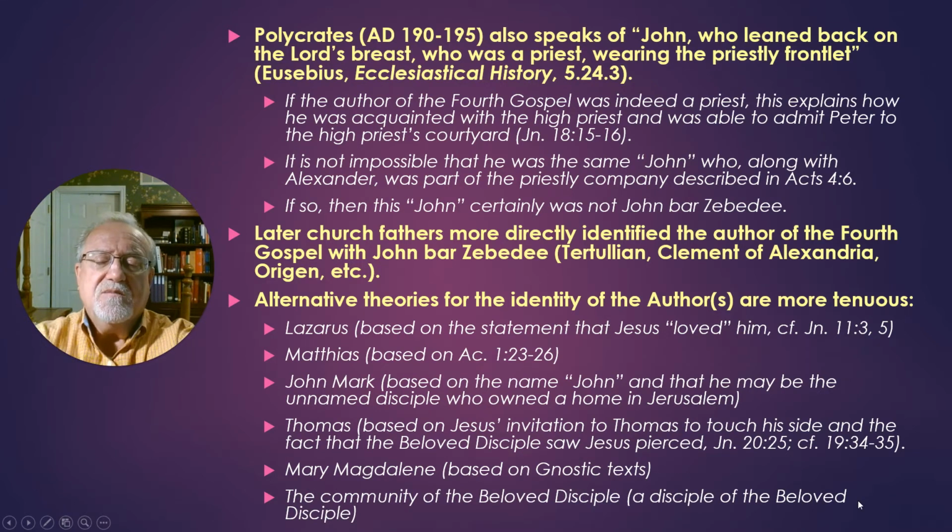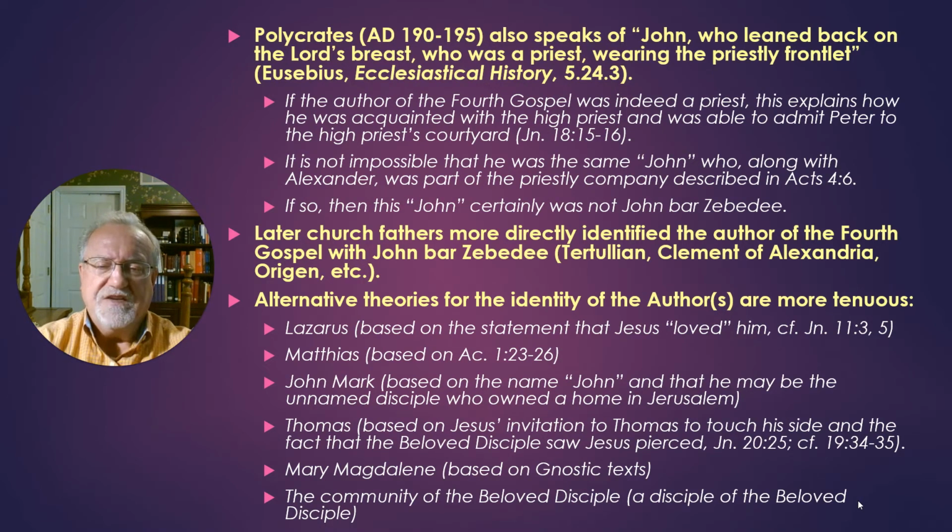And then there are some arguments by some scholars that it was written by a disciple of the beloved disciple. So in other words, not a 1st century person, but probably a 2nd century person. And this sometimes is then credited to the community of the beloved disciple. Again, I would suggest that that's a questionable idea.